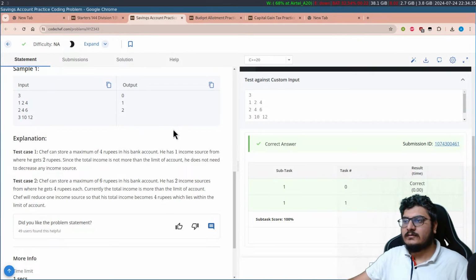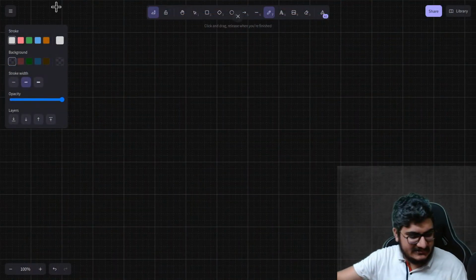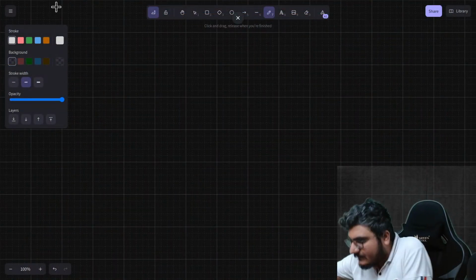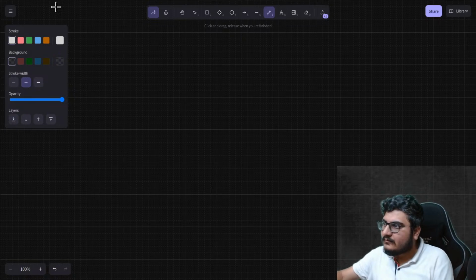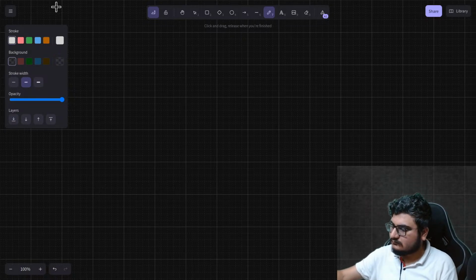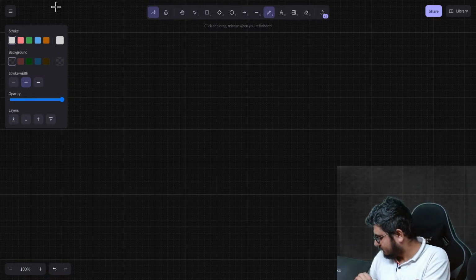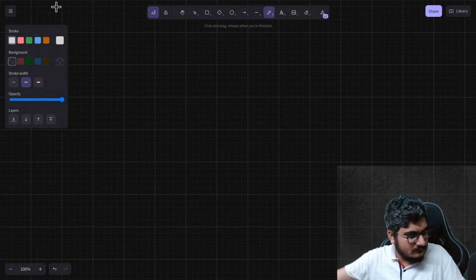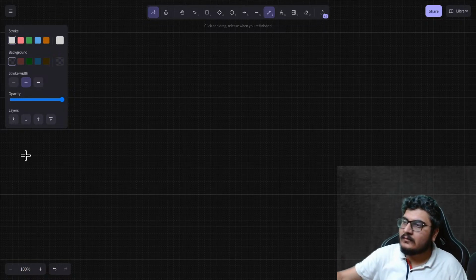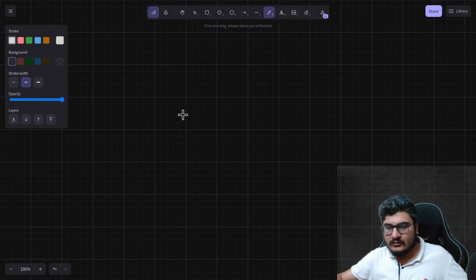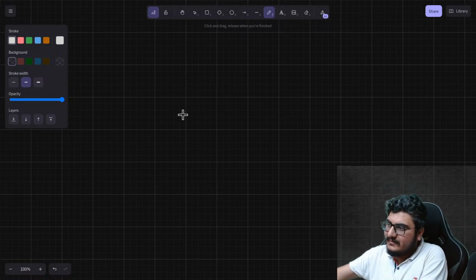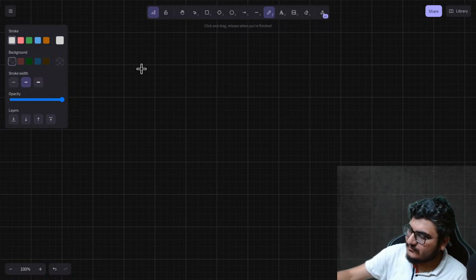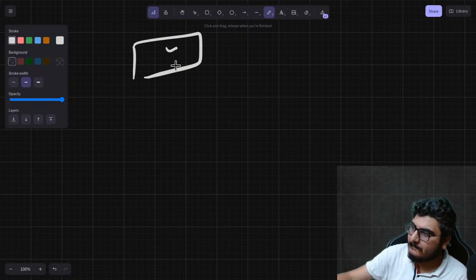Yeah. So what this problem statement says is we have X bank accounts, each of which has total Y rupees.